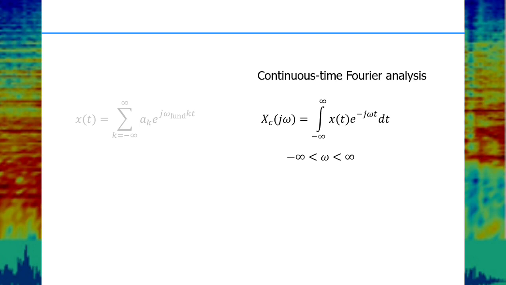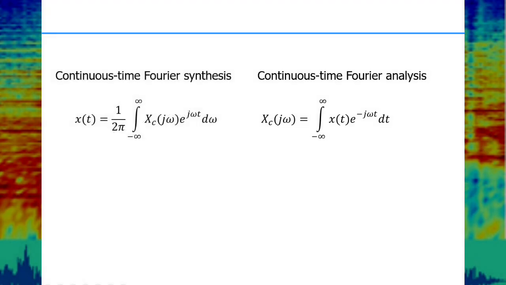The value of k times omega fundamental, which is a discrete quantity, now becomes a continuous valued omega. Note that the radial frequency omega runs now from minus infinity to plus infinity. The resulting continuous time Fourier transform X of j omega now replaces the Fourier series coefficients a of k in the synthesis expression, giving this as a result.